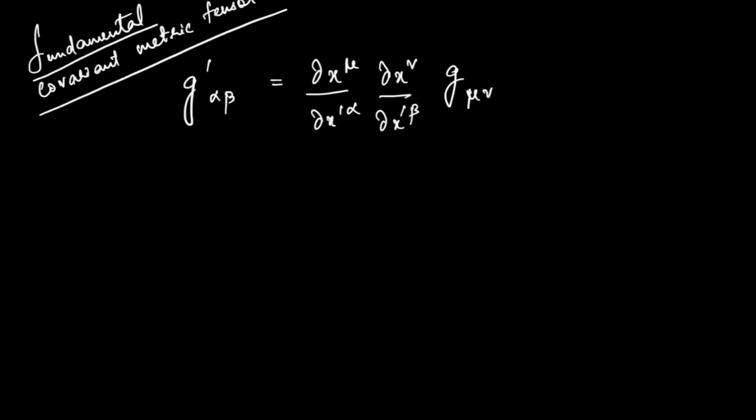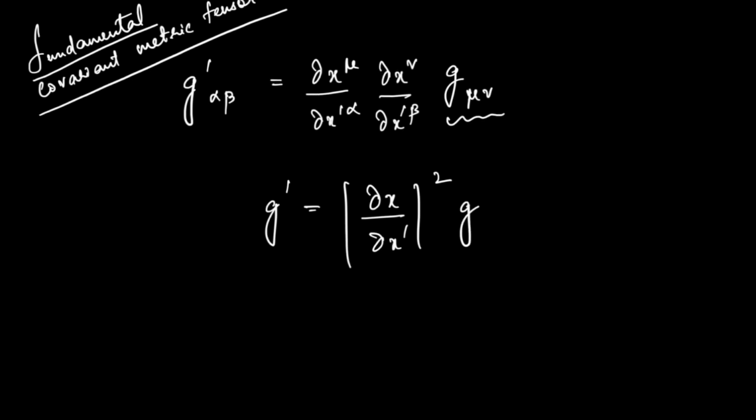If I take the determinant, it will be G prime. Here G denotes the determinant of G alpha beta. The determinant of G mu nu will be G, and the determinant of G prime alpha beta is G prime. So G prime is equal to the partial derivative of x with respect to x prime whole square.